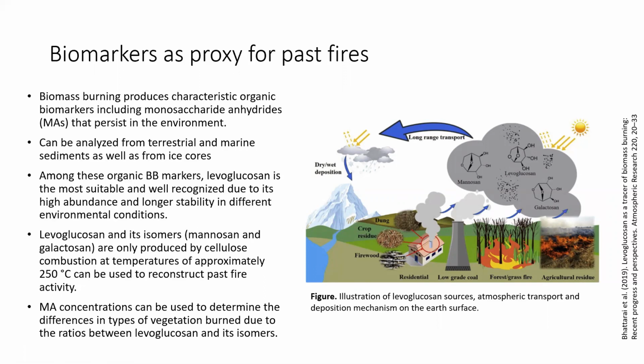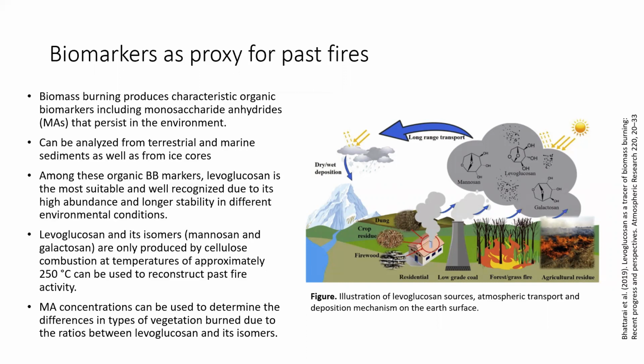so it can be used to look quite far into the past. And usually these are produced in combustion temperatures around 250 to 300 degrees Celsius. So usually the same kind of temperatures that, let's say, ground fires have been burning.